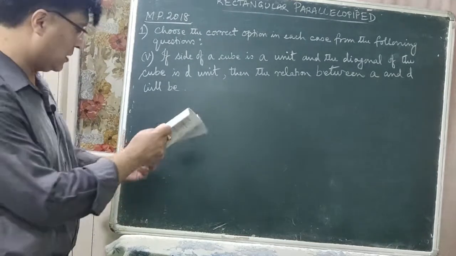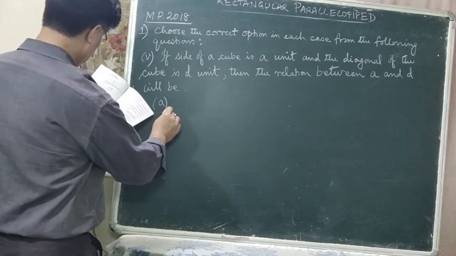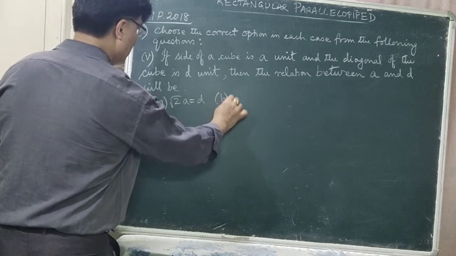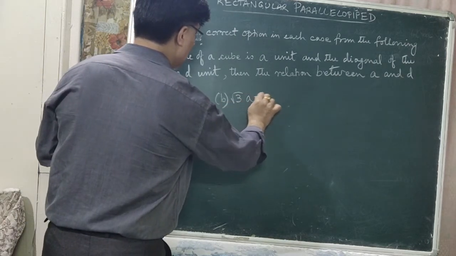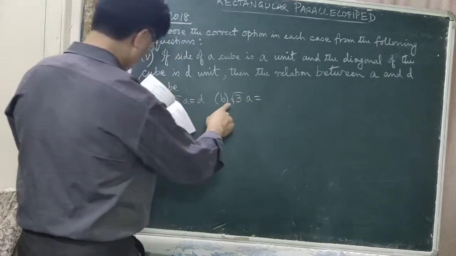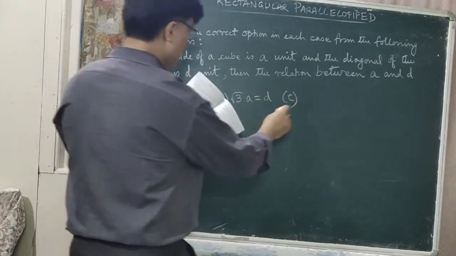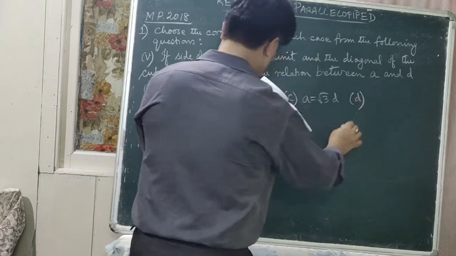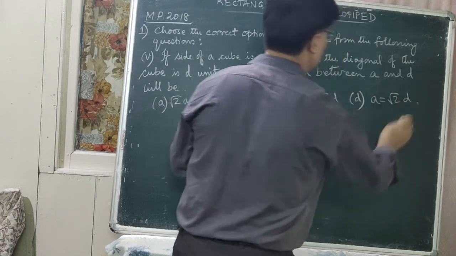You have to find it. The options are, number a is root 2a is equal to d. Number b is root over 3 into a is equal to d. Number c is a is equal to root 3d, and number d is a is equal to root over 2d.